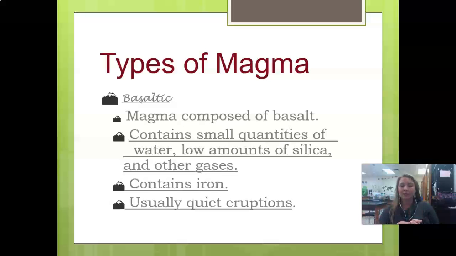It does contain a lot of iron, and once again, it's not one of our more explosive volcanoes. These are normally ones that are found on our divergent boundary, and then some on hot spots. Some hot spots can be very eruptive and some not so much, just depending on what is the surface that is lying over top of it.